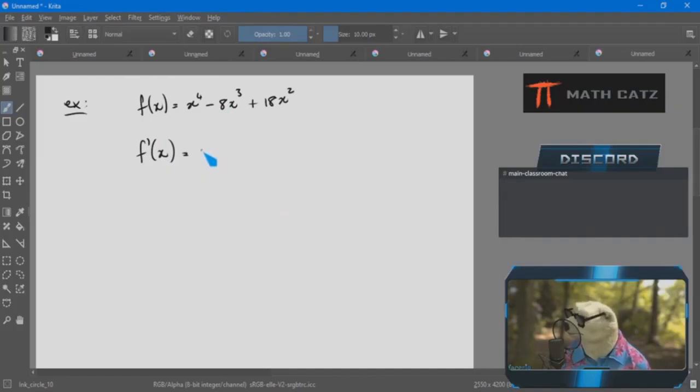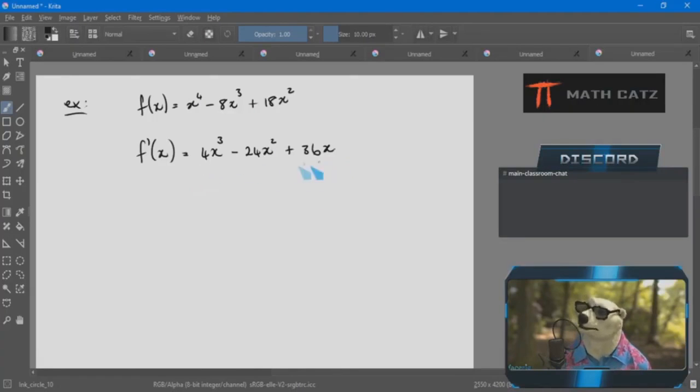So I can't really skip that. I have to find the derivative first. 4x cubed minus 24x squared plus 36x. That's just the first derivative.